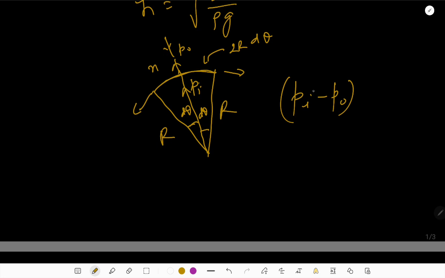I'm going to write pressure force per unit length, because I'm going to equate it with surface tension, and that is force per unit length. So I'm going to write here the pressure force per unit length.